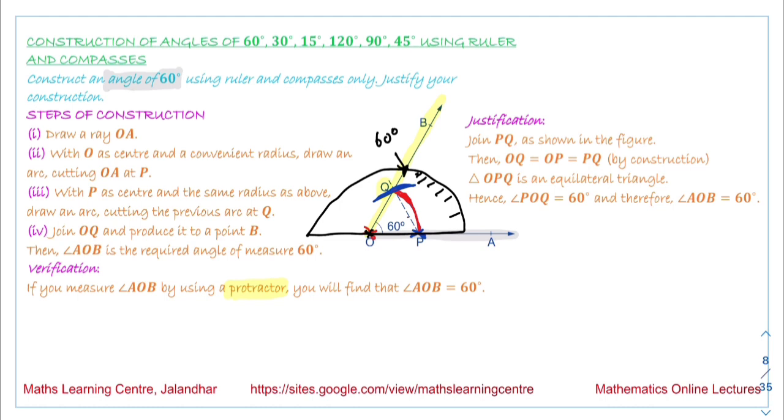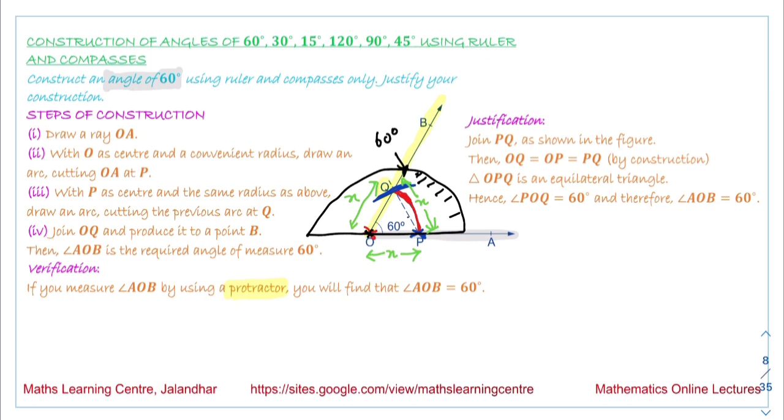So the justification we have over here is that first of all we have joined these points P and Q, and if we look at these three lengths, OP, we have marked an arc, so this is of length x, this OQ is of length x, and this QP is of length x.